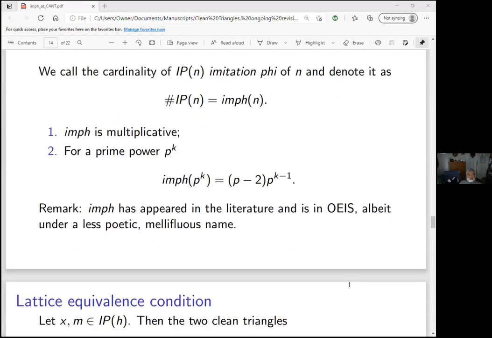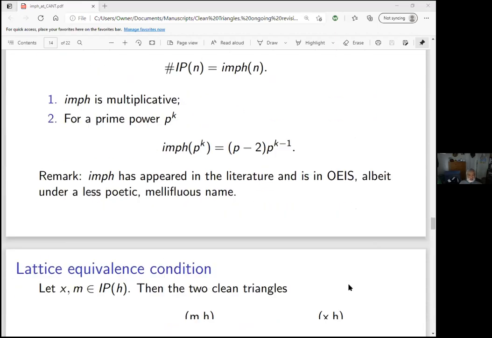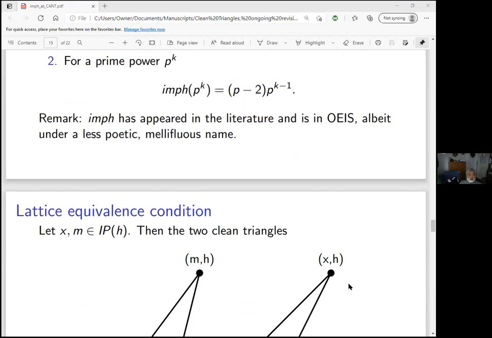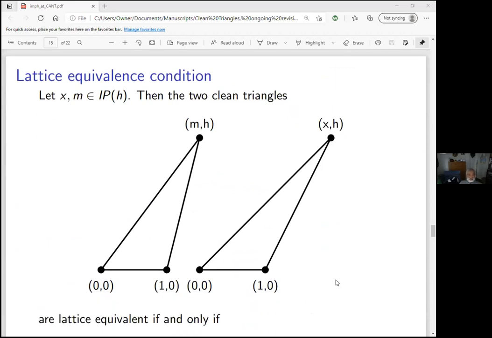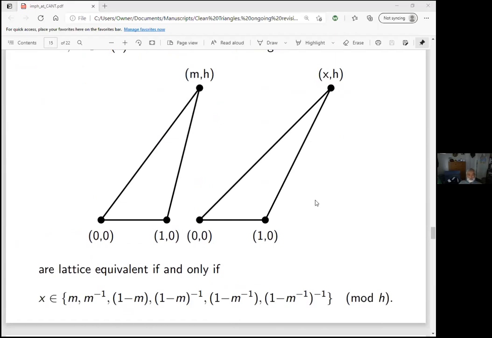and mellifluous. Okay. So now let's look at when two clean triangles, same height, are equivalent. So you play with the unimodular maps. So the thing is that basically, we fixed H, these two vertices are fixed, and we want to see when these two lattice triangles are equivalent.